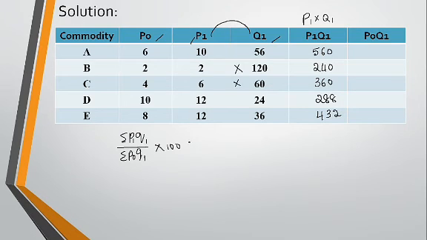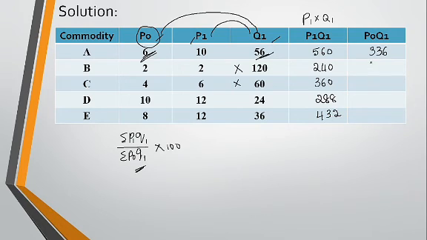Now you also need P0 Q1. P0 Q1 means the price of the base year multiplied with the quantity Q1, that is 6 into 56. How much does it come to? You will get around 336.